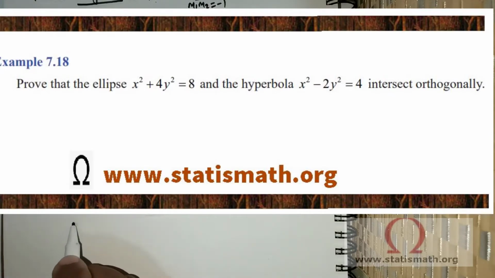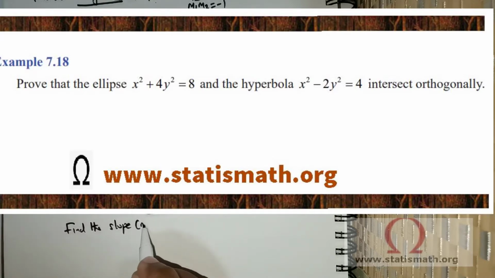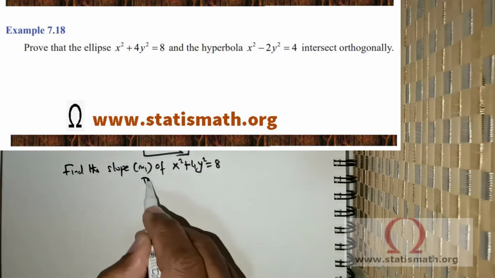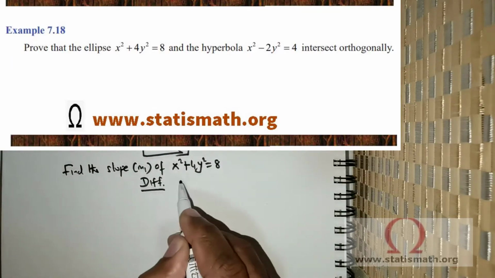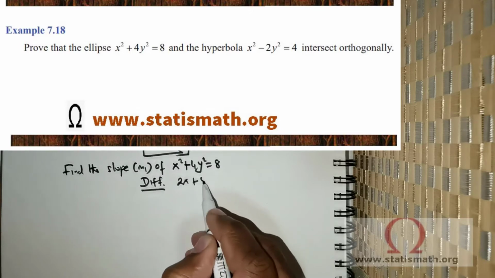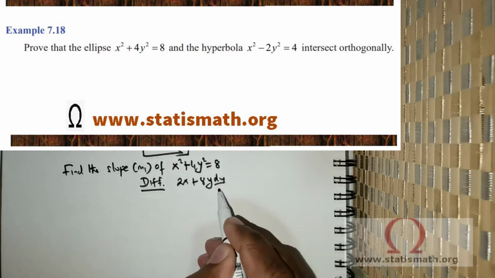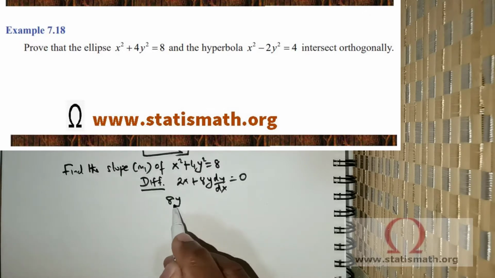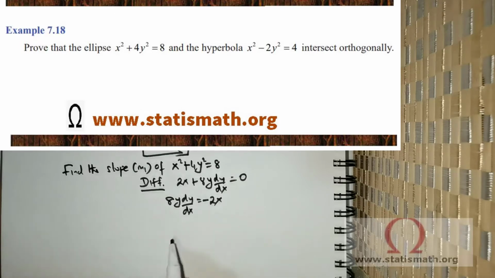Now, let us find the slope of curve 1, x squared + 4 times y squared = 8. We need to differentiate. So when we differentiate, we get 2x + 8y dy/dx = 0. From here, 8y dy/dx = -2x.